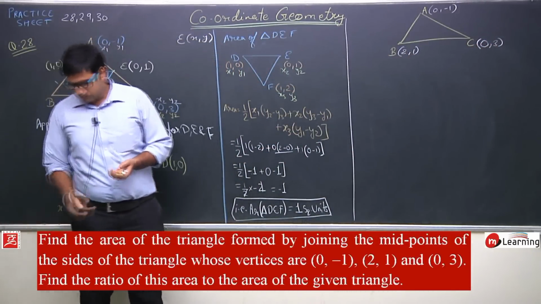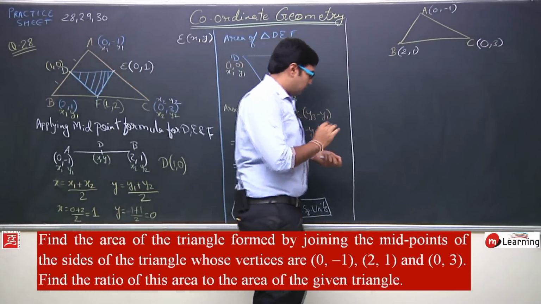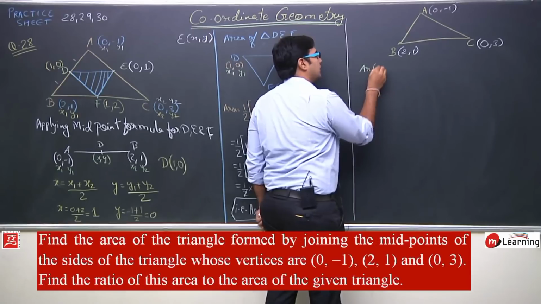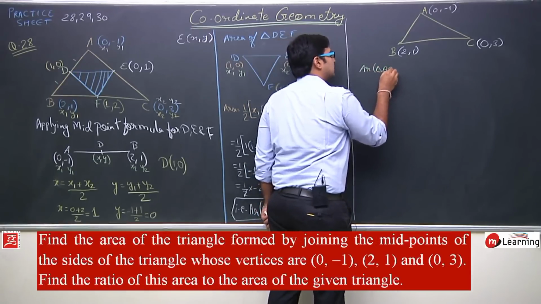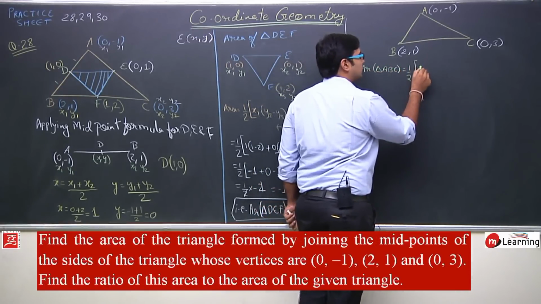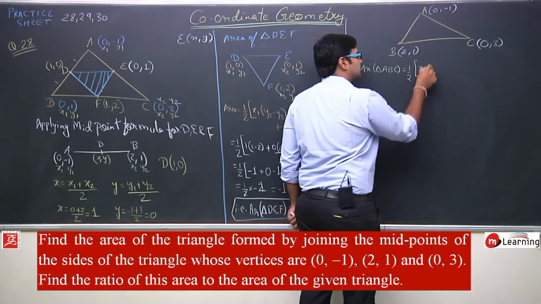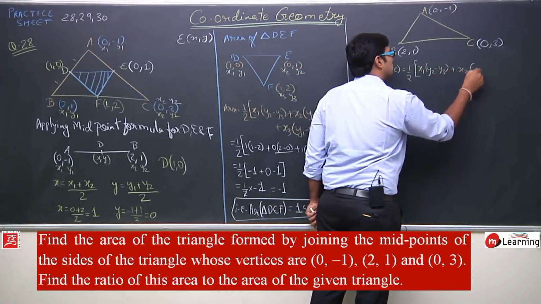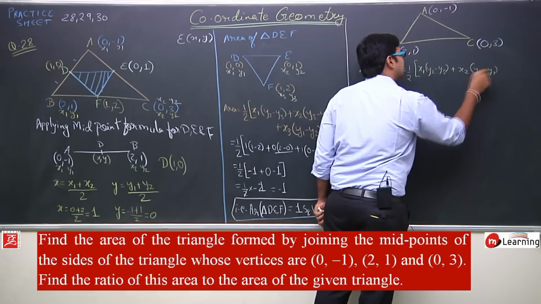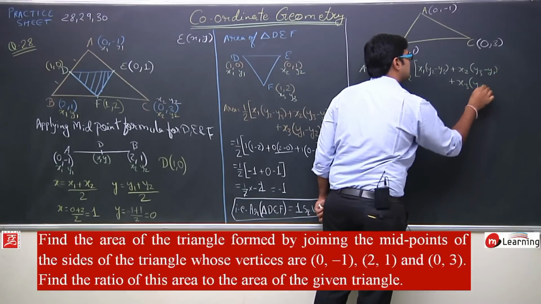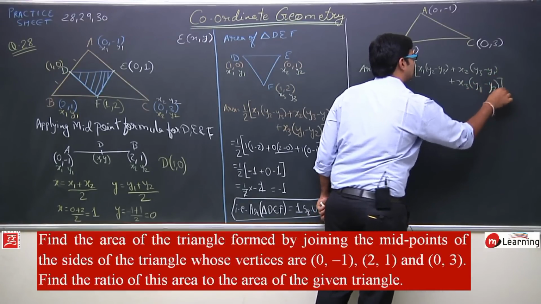Now area of triangle ABC is equal to what? Half of the bracket. Again you need to write the formula: x1(y2 minus y3) plus x2(y3 minus y1) plus x3(y1 minus y2), and bracket close.